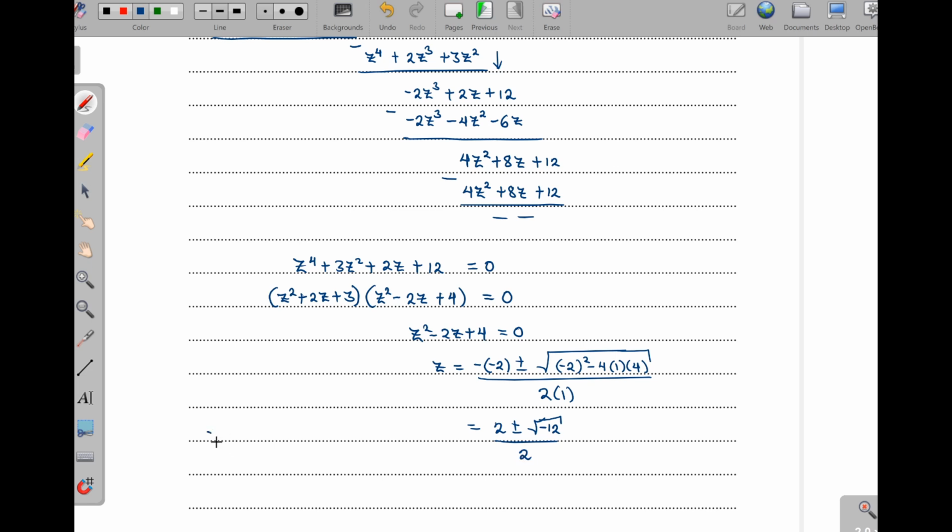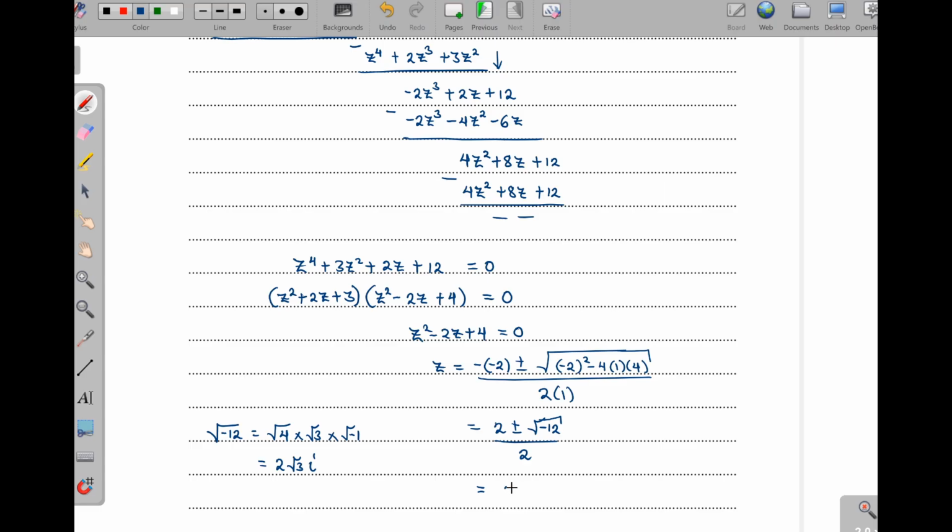So root of negative 12 is the same as saying root of, let's say 4 times root of 3 times root of negative 1. So root of 4 is a 2. Then root of 3 remains. And then root of negative 1 is i.